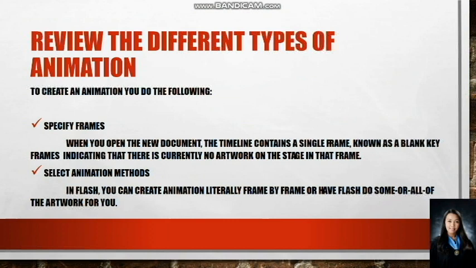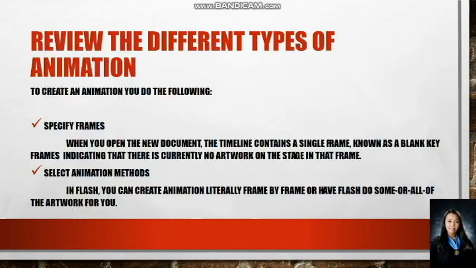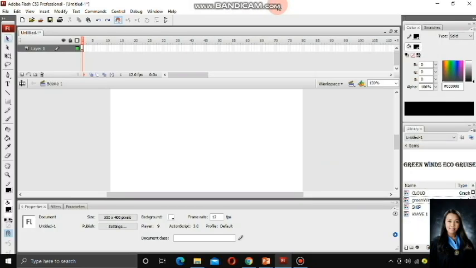So let's see. As you can see, on our timeline you see these frames, called blank keyframes, indicating that there is currently no artwork on the stage in that frame. When you add content on the blank keyframe, it becomes a keyframe.